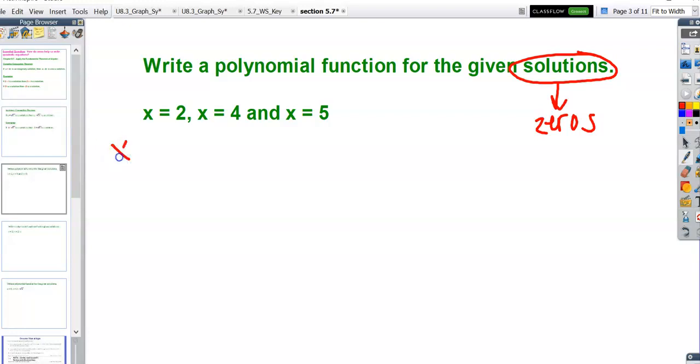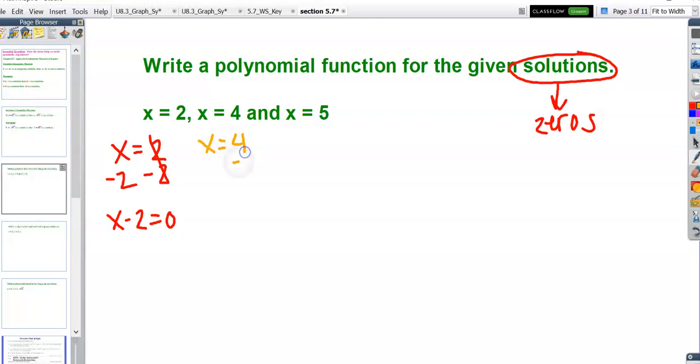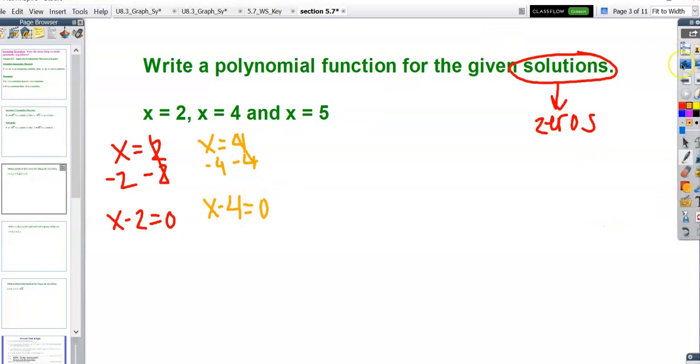So we have x equals 2. To make the right-hand side equal to 0, we subtract 2 from both sides. We can do the same with x equals 4, and then the same with x equals 5.